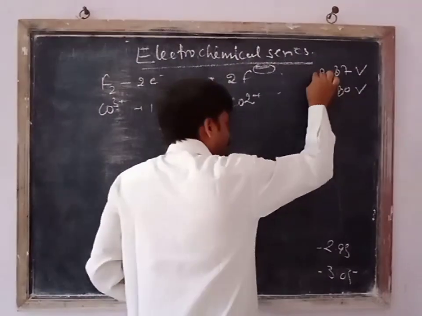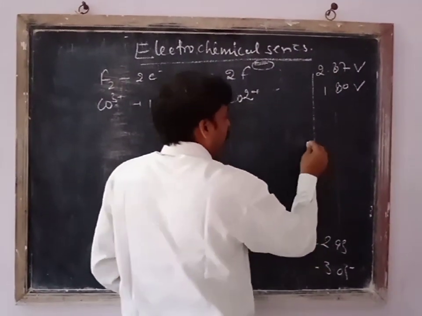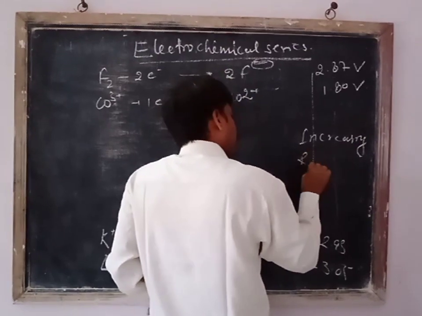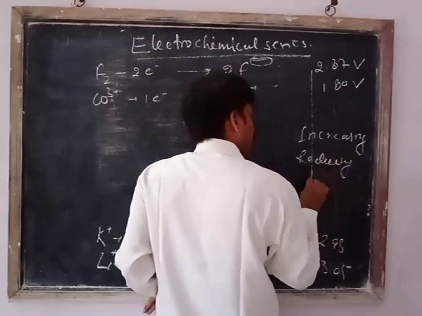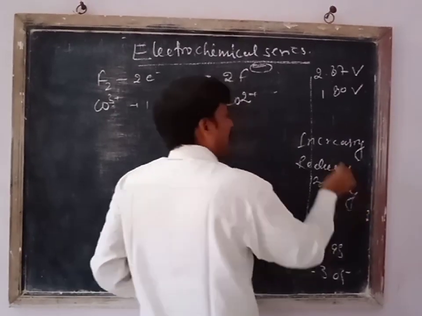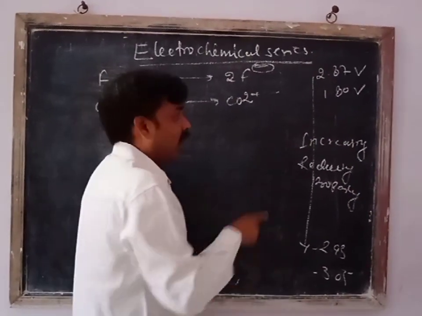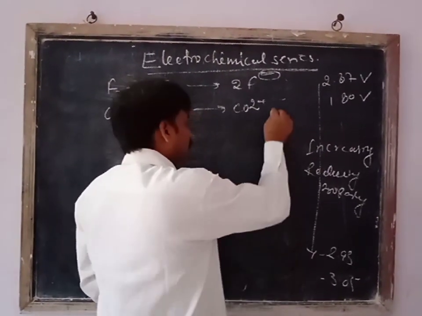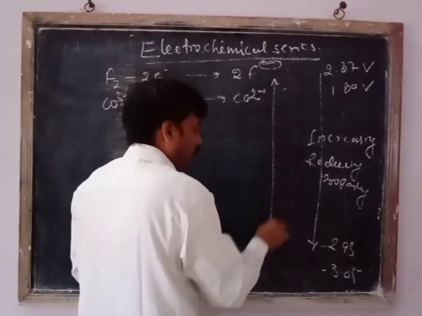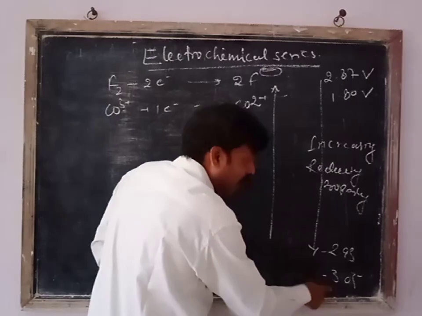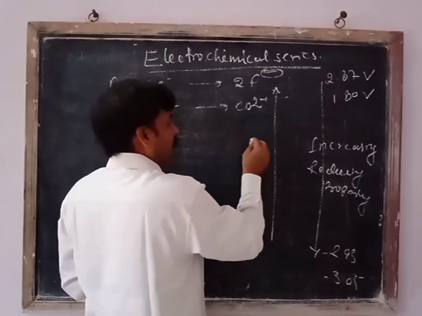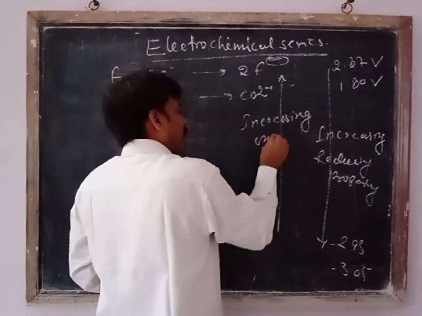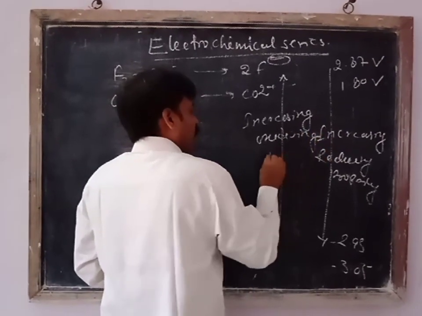So we know that the reducing property increases from top to bottom, that is, by decreasing the value the reducing property increases, or the metallic property increases. Moving from bottom to top, from a lower value to a higher value, the oxidizing property increases.